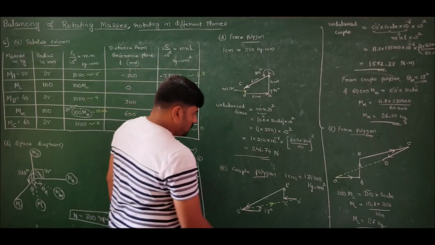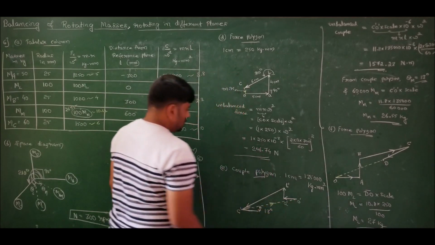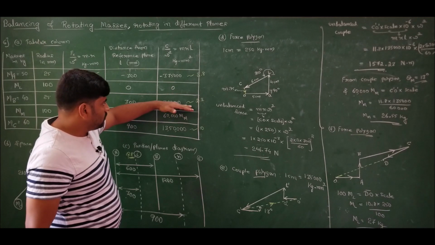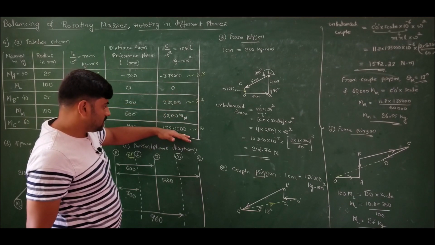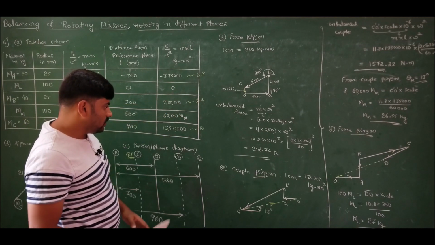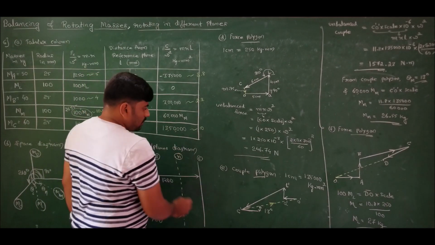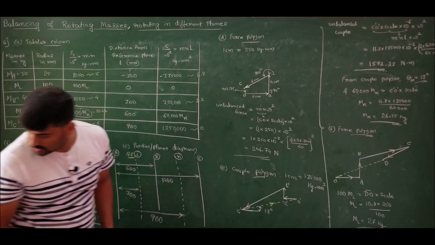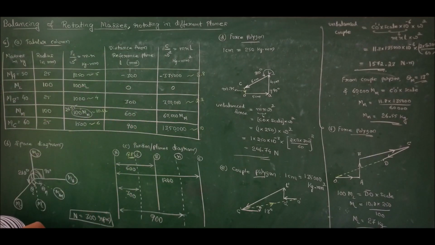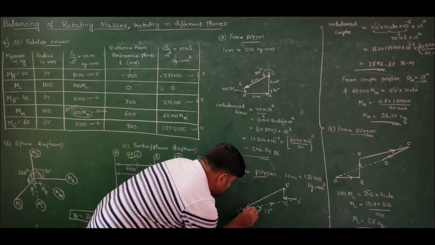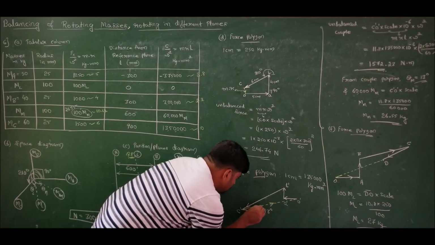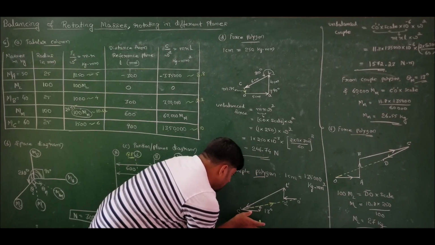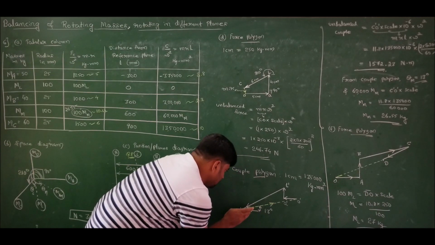So coming here, this is minus 2.8, then 90 degrees 2.2, then 270 degrees 10 centimeters, then finally we have found 100 mL. So this is not a line, this is only a reference. Don't get confused. This is only to measure the angle. I have taken the reference line. This is nothing.